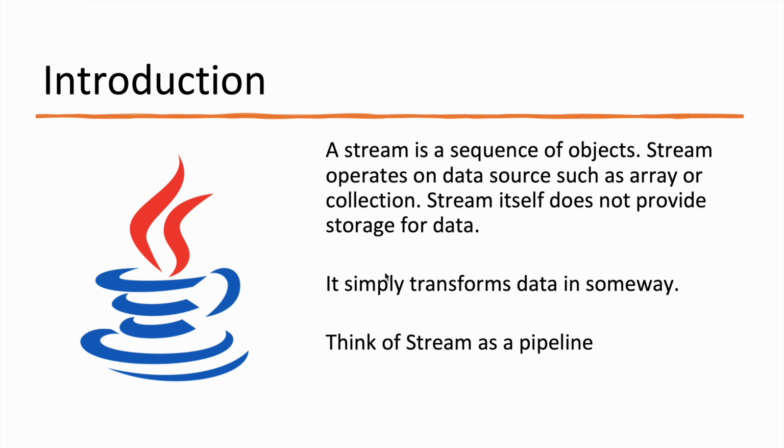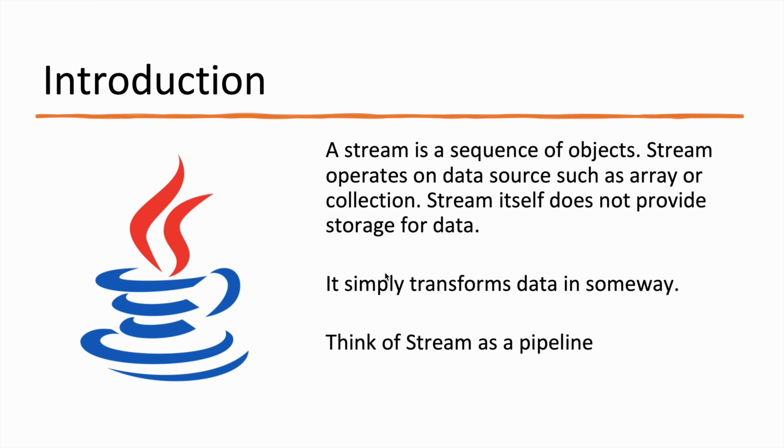So what is a stream? A stream is a sequence of objects. Stream operates on a data source such as an array or collection. Know that the stream itself does not provide storage for data. The stream simply transforms data in some way. Or you can think of a stream as a pipeline.